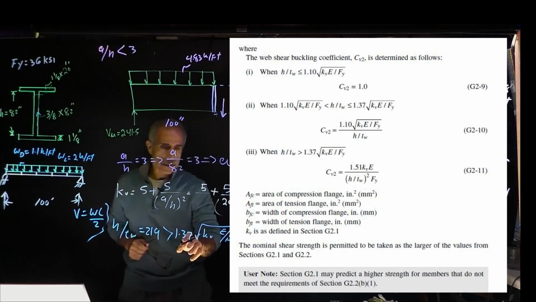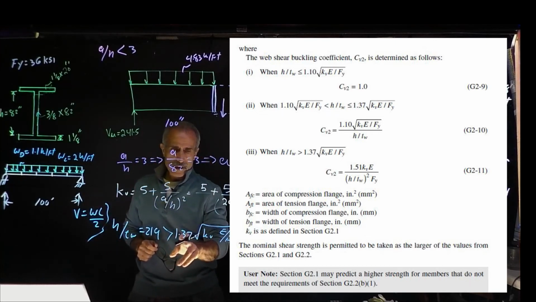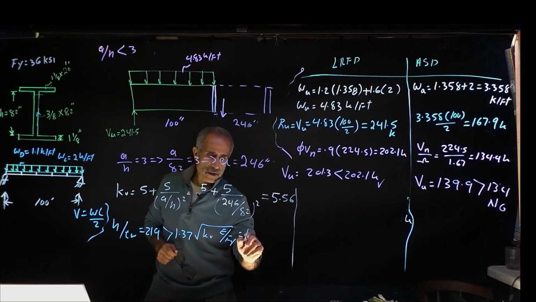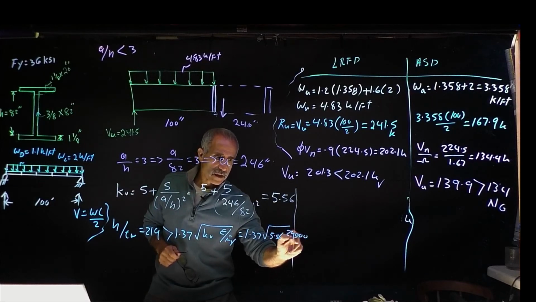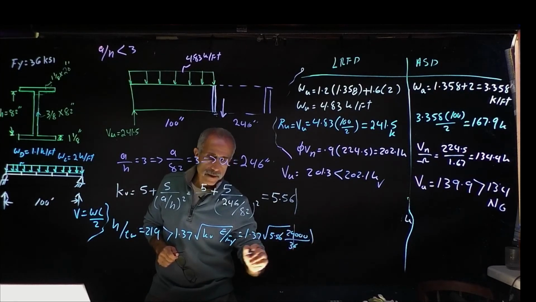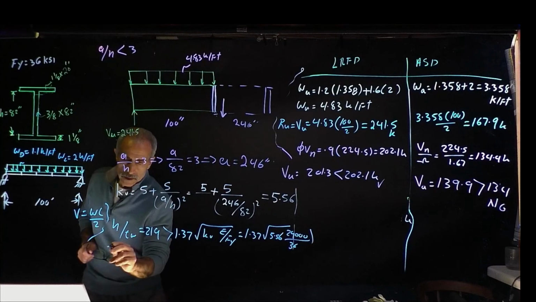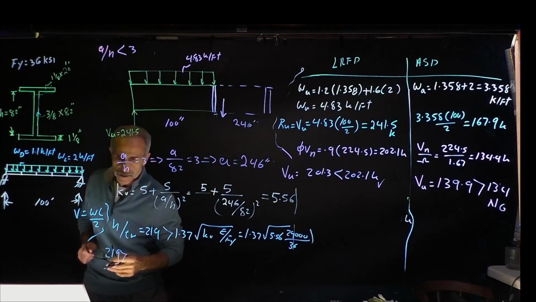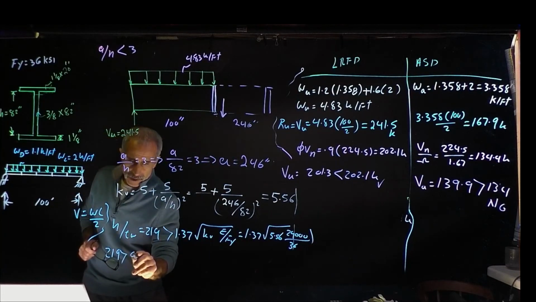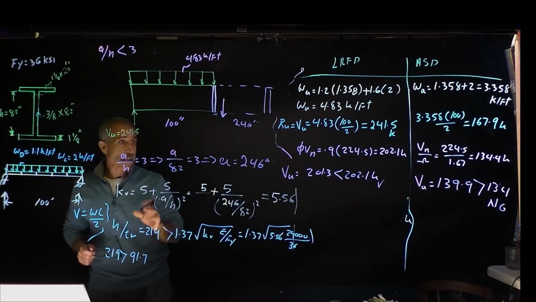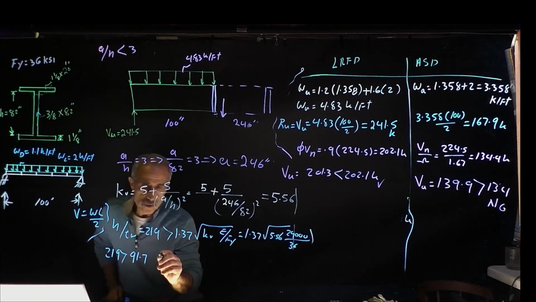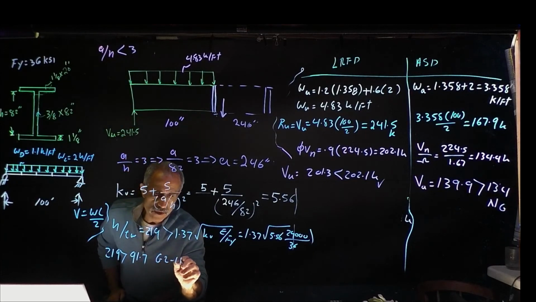If you plug that number in, 1.37 times square root of 5.56 times 29,000 divided by 36, that comes out to 91.7. So 219 is bigger than 91.7. Because of that, we can go ahead and calculate CV from equation G2-11, which is on the board.